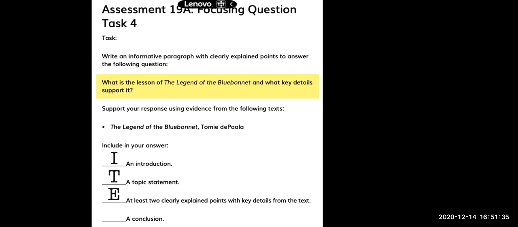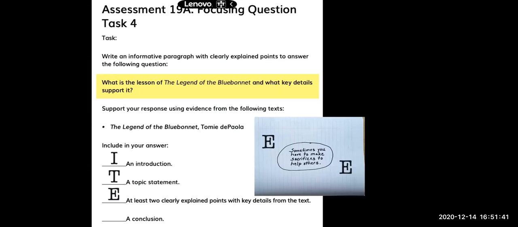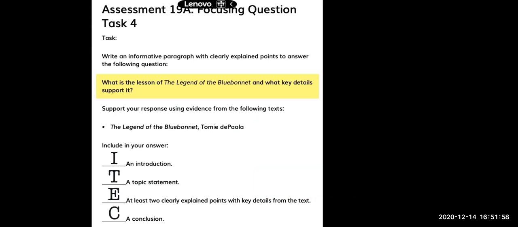Also, at least 2 clearly explained points with key details from the text. And remember, that's the evidence that you gathered in your journal. You have 2 clearly explained points in your journal with key details from the text. And then finally, you'll wrap up your paragraph with a conclusion.